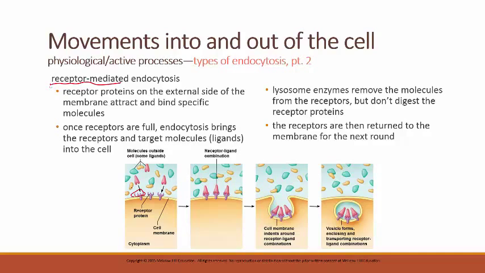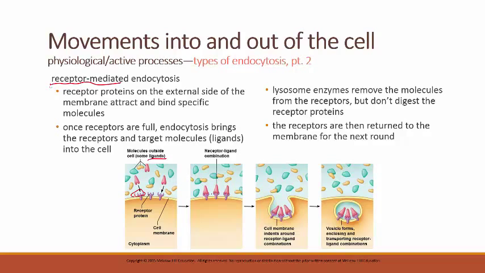If that's a molecule that the cell wants inside of it, then it can put these receptors out there. The receptors will selectively attract and bind the molecule that they want, and that molecule, when it binds, is referred to as a ligand, something that will be attached.